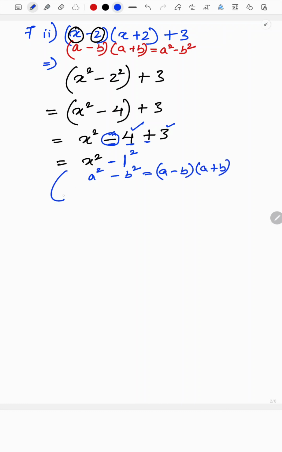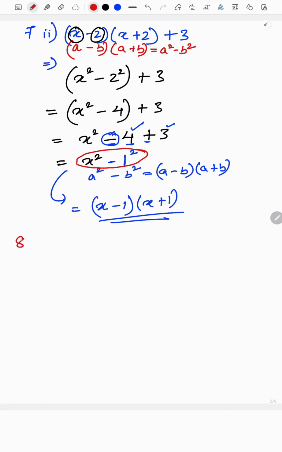So hence from here I can write (x minus 1) into (x plus 1) as the answer for this x square minus 1 square. So this is the solution for question number 7.2. Okay, now let's do question number 8.1. Question number 8.1 has a question: (x minus 2y) minus x square plus 4y square.